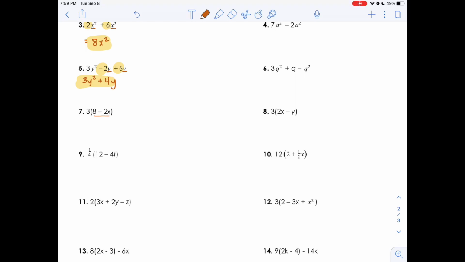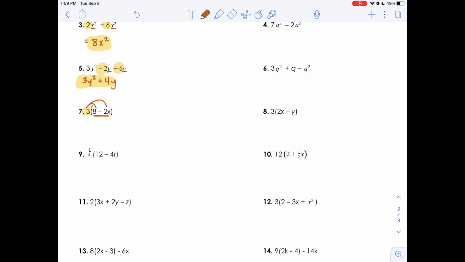But what I can do is I can simplify this expression, because this 3 on the outside, what this means is that I have 3 8 minus 2 x's. I have 3 of these things in the parentheses. So what that means is I have 3 8's, and I also have 3 negative 2 x's. So I can pass out the 3 by multiplication and simplify this expression.